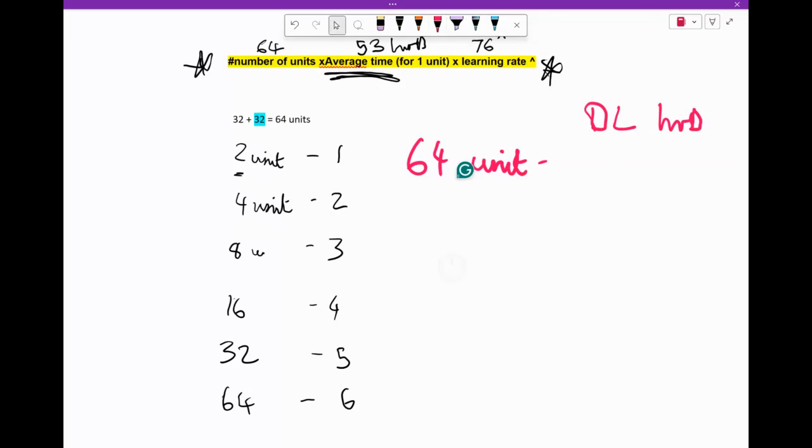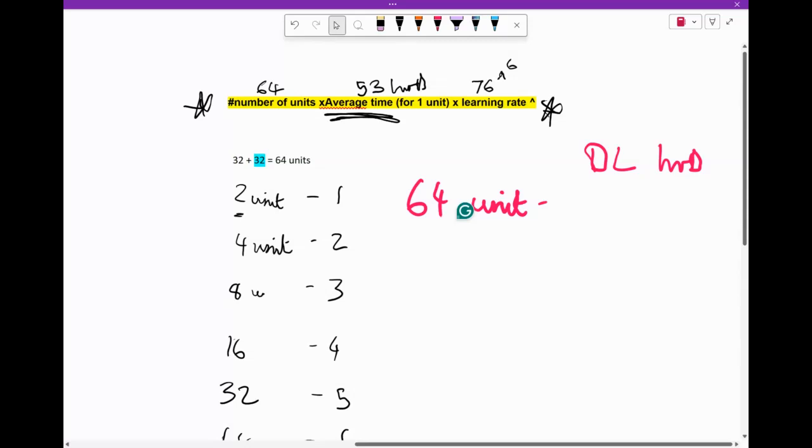You have to do the calculation, guys. 64 times 53, right? Because that's the average hours for 1 unit. Times your learning rate, 0.76 to the power 6.